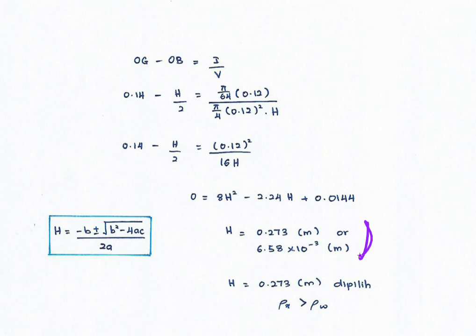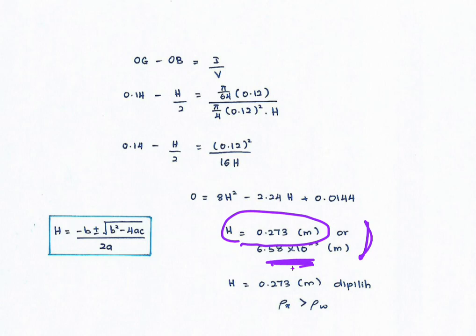According to these two answers, both are positive, so both can be chosen as the answer, but normally we will take the largest one here because the smaller one is very small, which means that it is not easy to determine its equilibrium.